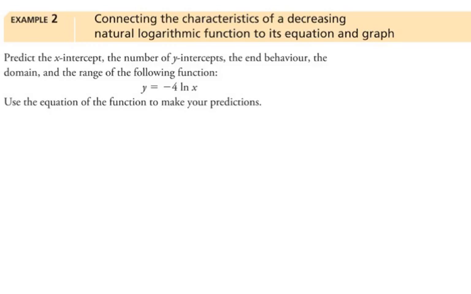So knowing that, the same characteristics as before apply. It doesn't matter what the base is, the common characteristics of a log function will remain the same. So we will have an x-intercept at 1. We will have no y-intercepts.